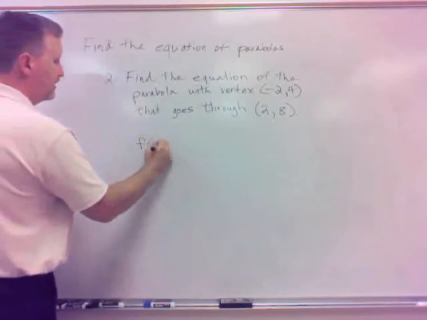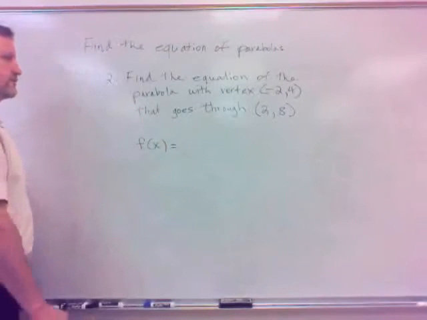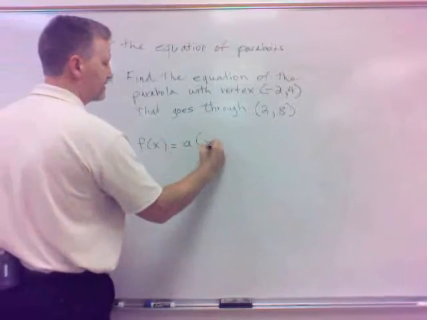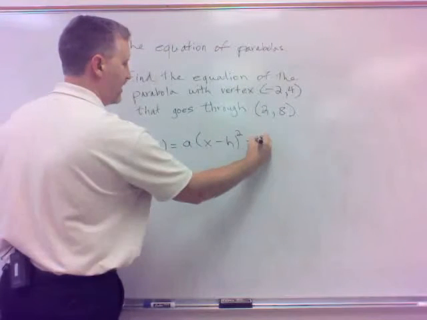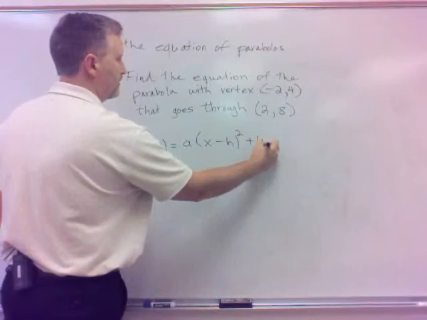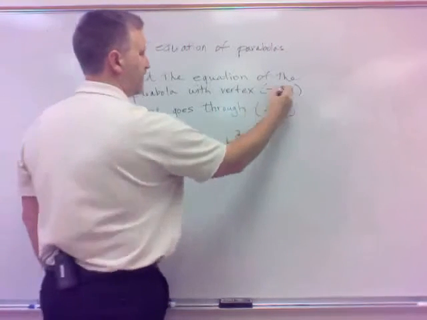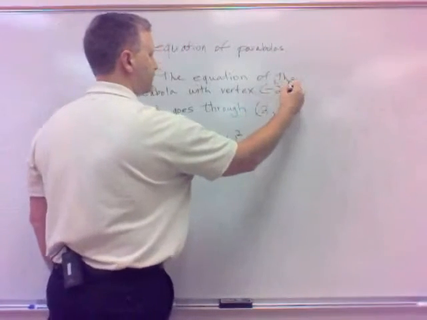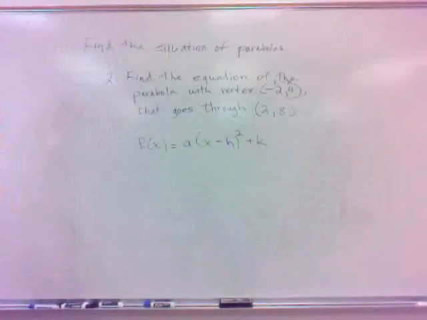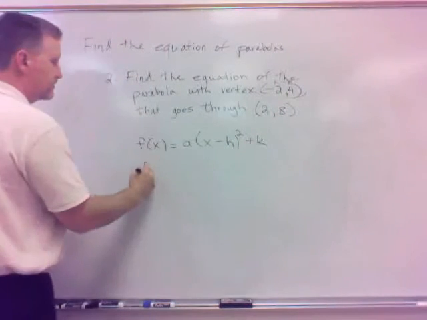Well, same drill. We know if I choose the vertex form, a times x minus h squared plus k, the information given, well, I'm given the h and the k, aren't I? H is negative 2, k is positive 4.